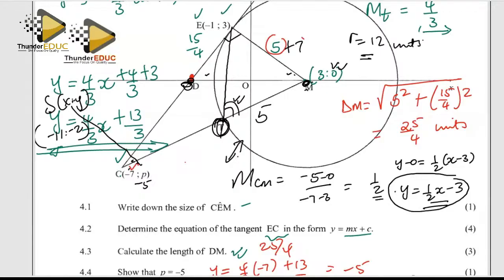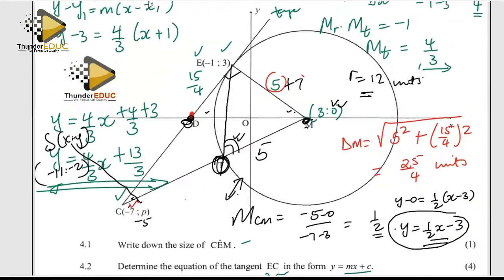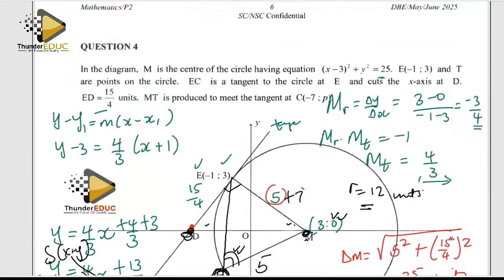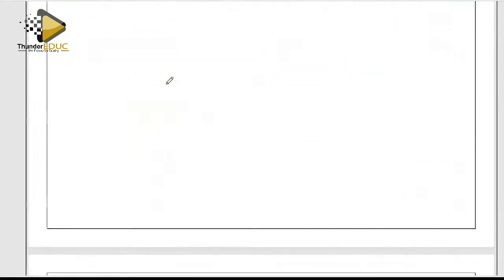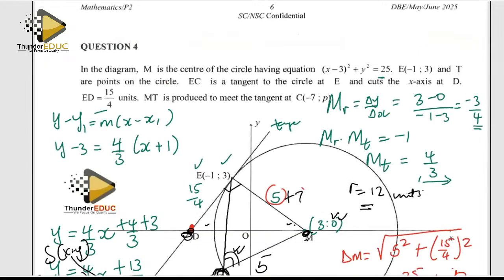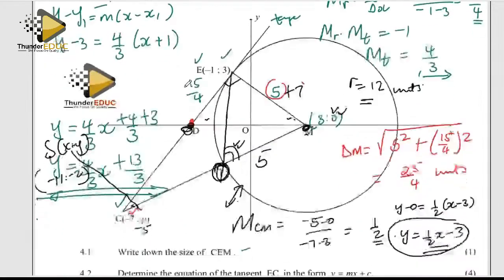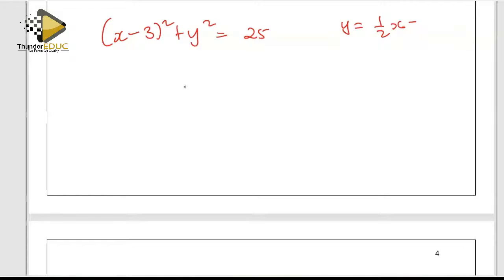Does it make sense? It should make sense. Right, okay, let me give it a try that way. So we're saying that the equation of the circle is x minus 3 squared plus y squared gives us 25. But our y is a half of x minus 3.